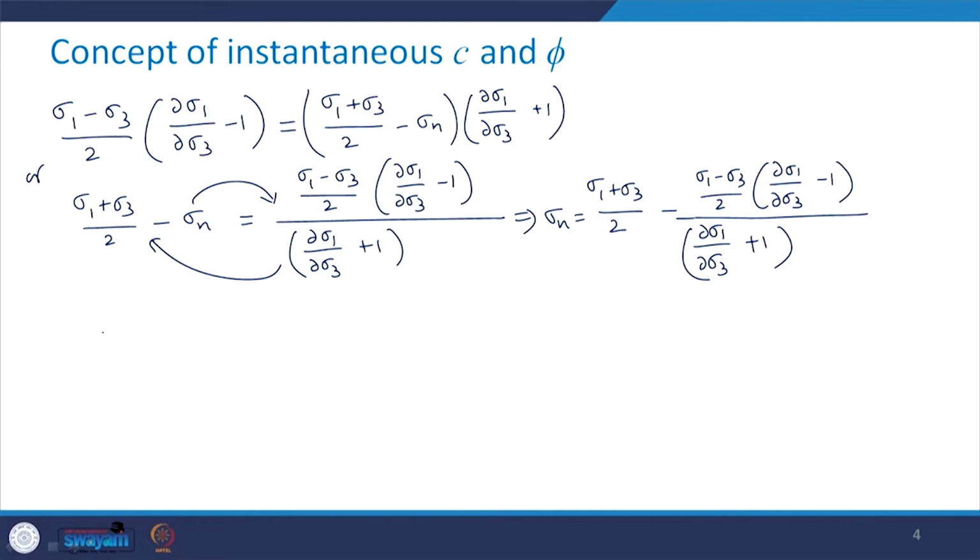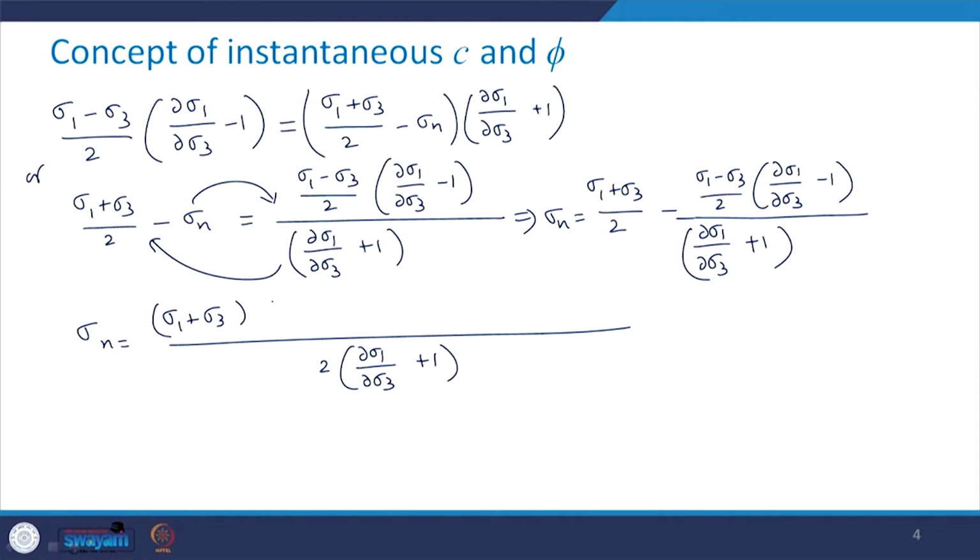Now, further simplify this. Sigma n is going to be, so what I will do is, 2 (del sigma 1 del sigma 3 plus 1), and here we will have (sigma 1 plus sigma 3)(del sigma 1 del sigma 3 plus 1) minus (sigma 1 minus sigma 3)(del sigma 1 del sigma 3 minus 1).